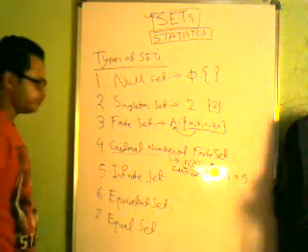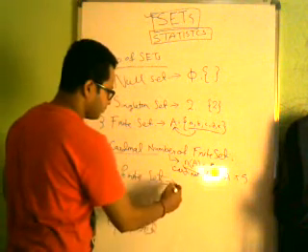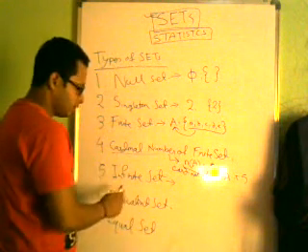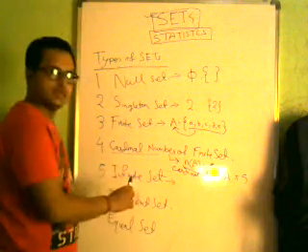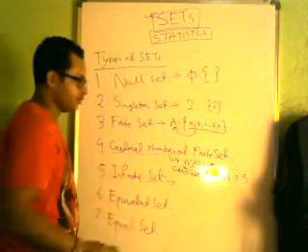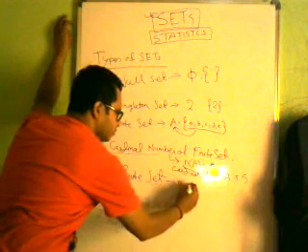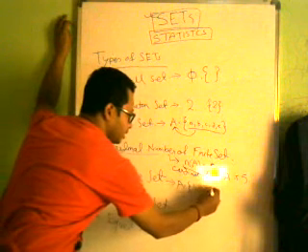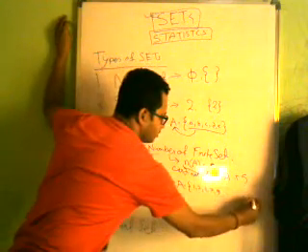Right? Infinite sets. If a set has an infinite number of elements, then we call it an infinite set. For example, it's a very easy one. Set A contains the elements 1, 2, 3, 5, 7, 9, dot dot till infinity.